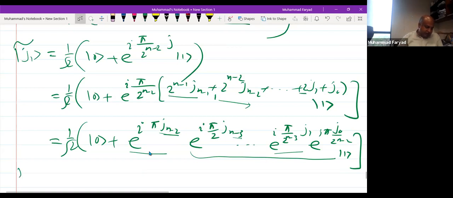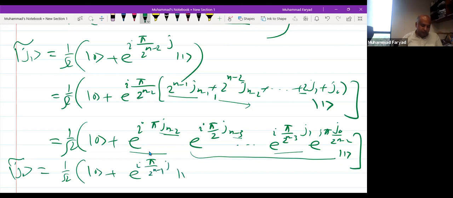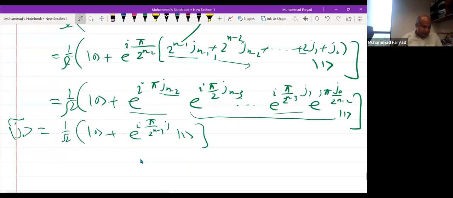And the last qubit is 1 over root 2 of 0 plus exponential iota pi over 2 power n minus 1 into j1, which means that all of these terms remain. So this is the expansion, only the division is 2 power n minus 1. The first term is pi jn minus 1.